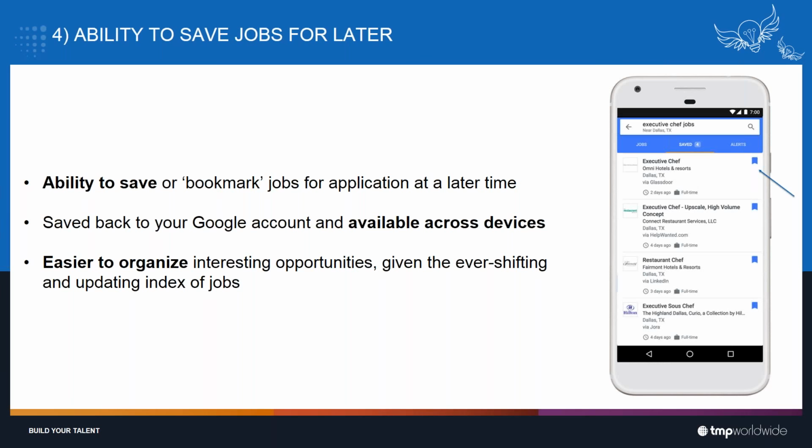It's just sort of a level of familiarity there. And I think that extends to jobs. Since the index of jobs on Google is always changing, it's not always the easiest thing to find the exact job that you looked at before quickly. And this update, being able to bookmark and save them, helps solve that problem to keep those jobs in front of the job seekers.